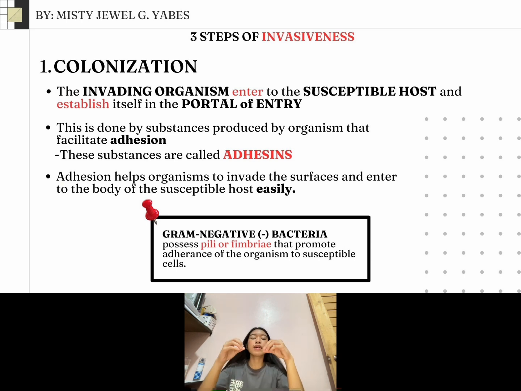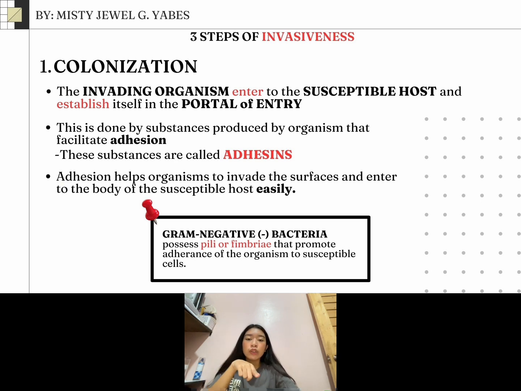This is done by substances produced by our organisms that facilitate adhesion. Ang tawag dito ay ang ating mga adhesins. Adhesins help our microorganisms invade surfaces and enter the body of the susceptible host easily.